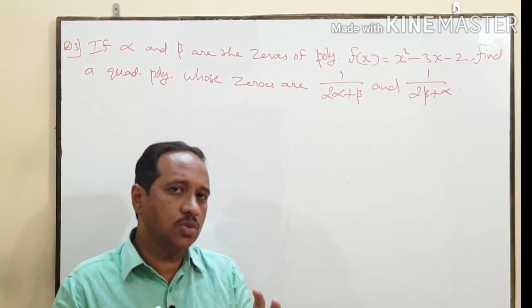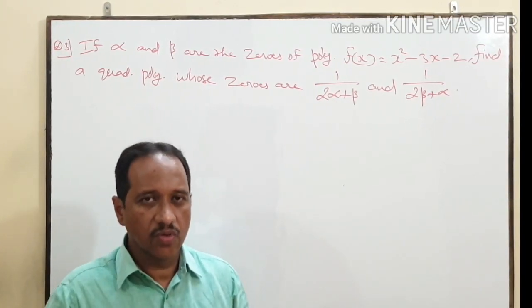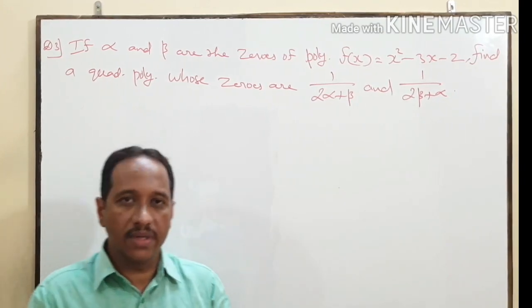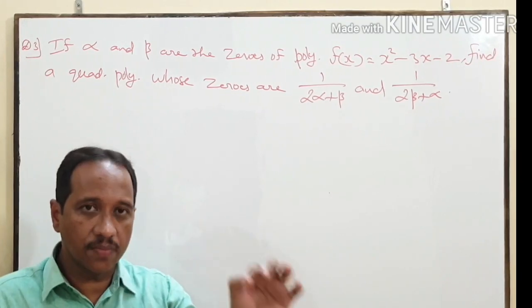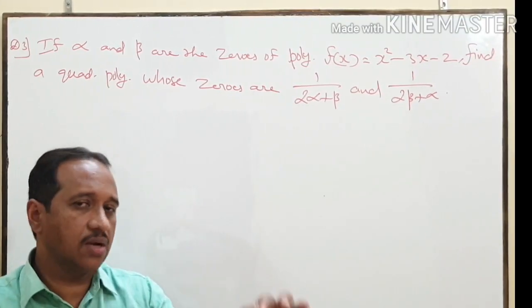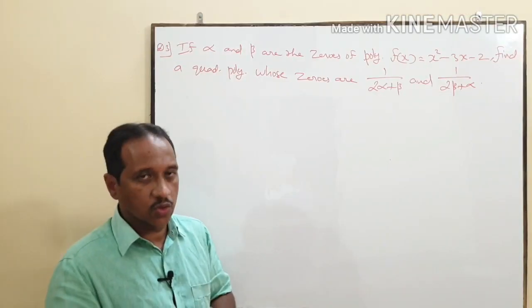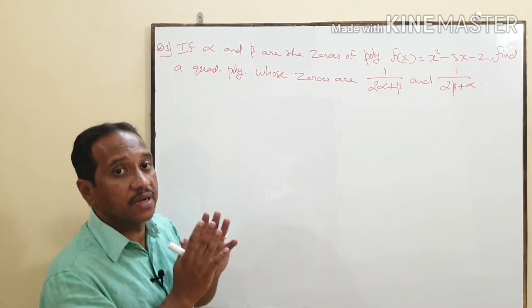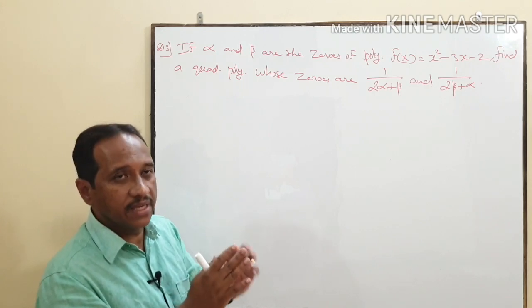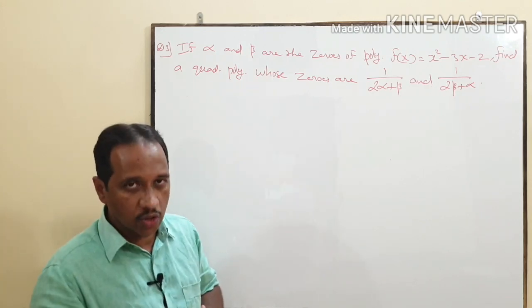Here we have to do in two steps. First one, for the given polynomial, if alpha and beta are the zeros, what is alpha plus beta and what is alpha into beta? So let us go with finding the values of alpha plus beta and alpha into beta from the given polynomial.